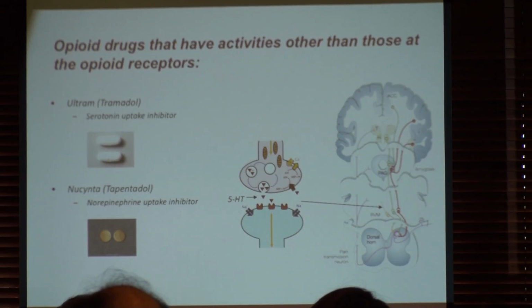As simple as that. So there are compounds called tramadol, which is Ultram. This is being used a lot in the clinic, because this compound will activate what we call the morphine receptor. Okay, but the same compound will also block the uptake of the neurotransmitter.